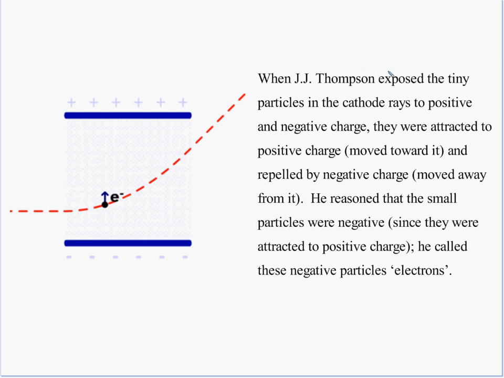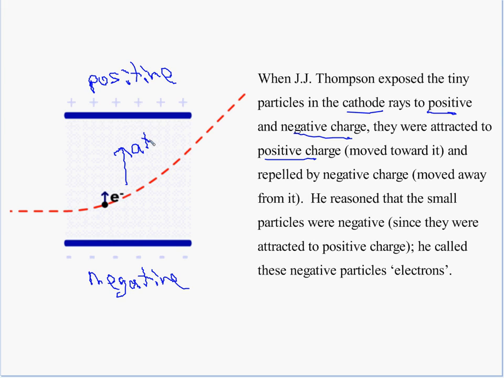So when J.J. Thomson exposed the tiny particles in the cathode rays to positive and negative charges, so here are the positive, here are the negative charges, they were attracted to positive charge. Ooh, so this is an attraction.